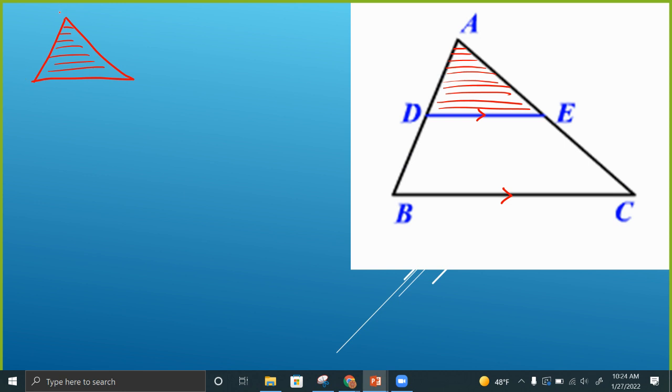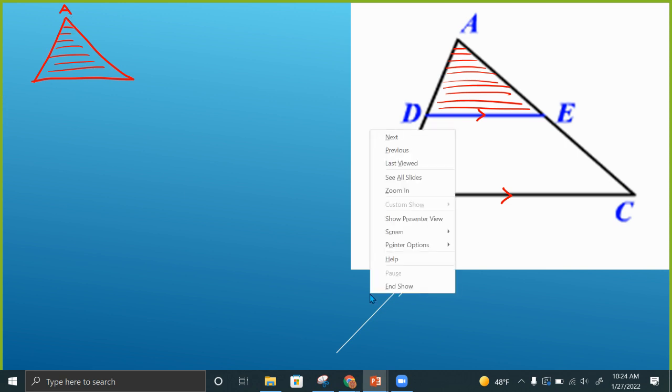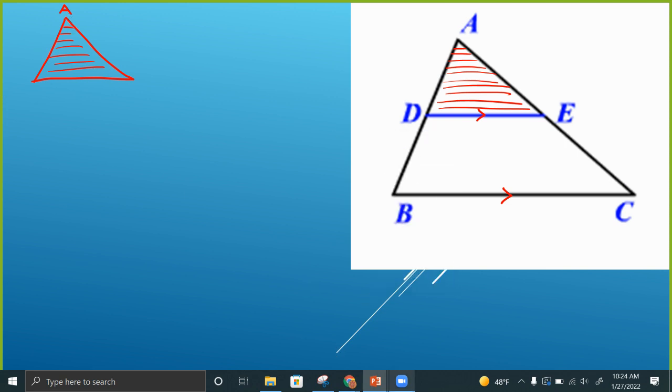We see A is the top one. What are the two on the sides? Yeah, thank you. D, E, for sure. And then let's look at our larger one. We separate that out on its own. And now this is A, B, C.